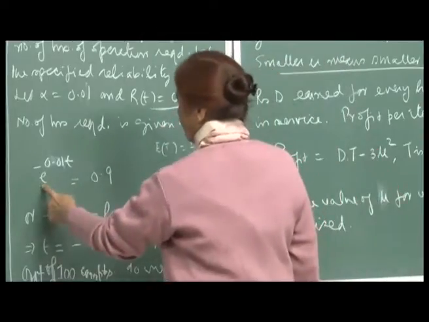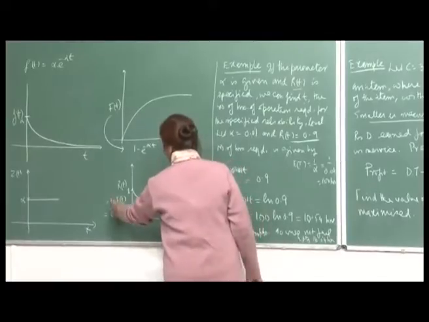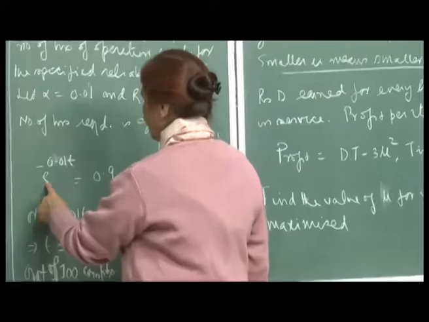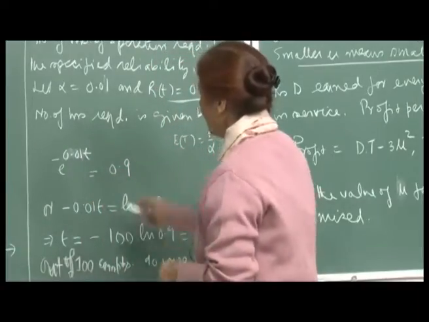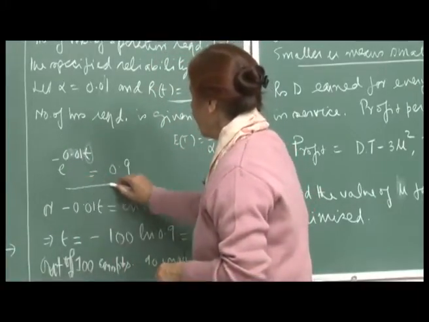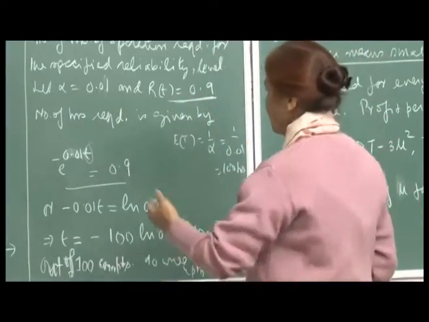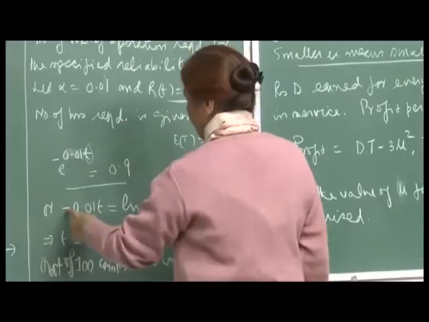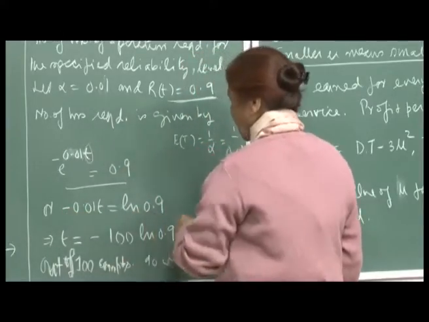So the number of hours required to achieve this reliability level is given by e raised to minus 0.01 t. Remember, this is the reliability function. So e raised to minus 0.01 t should be equal to 0.9. You want that value of t which will satisfy this equation. So you take log of both sides, and this gives minus 0.01 t is equal to ln of 0.9.